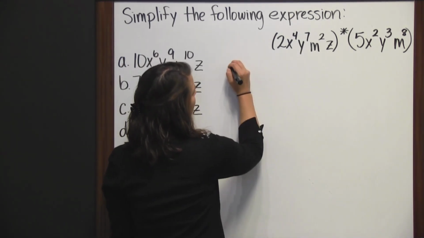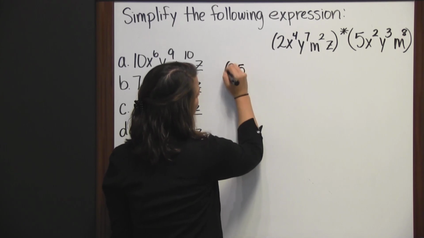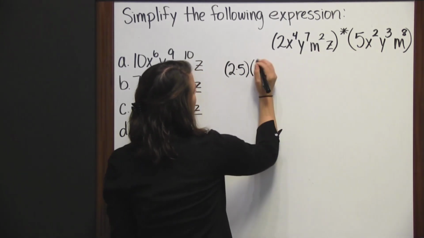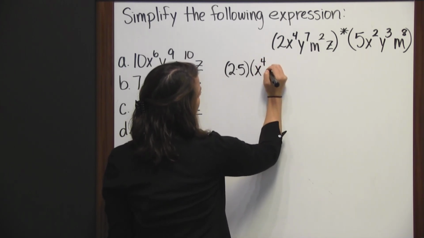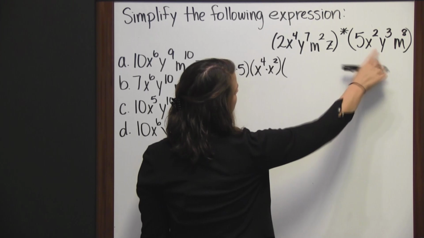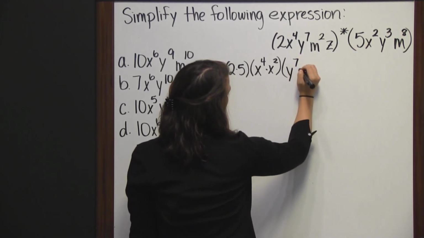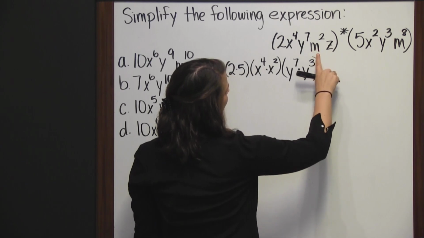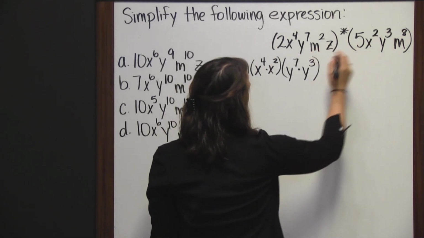So I'm going to multiply 2 times 5 together. And then I've got this x to the 4th times the x squared. And then we have y to the 7th times y cubed. And then we have m squared times m to the 8th.